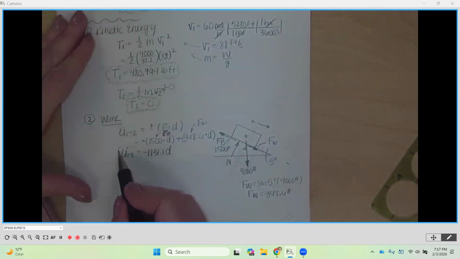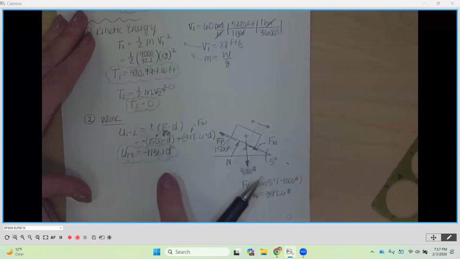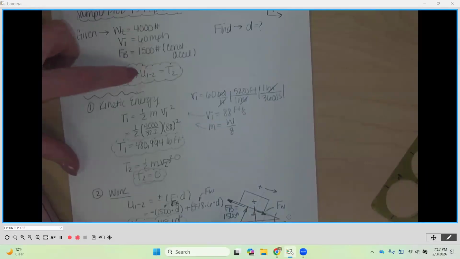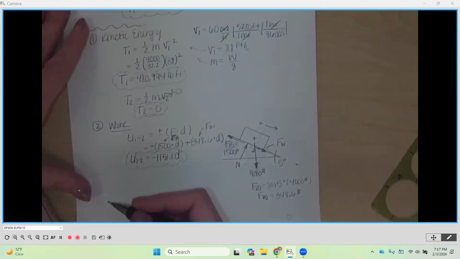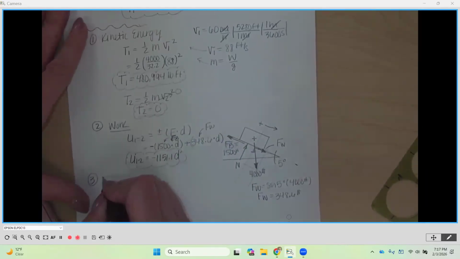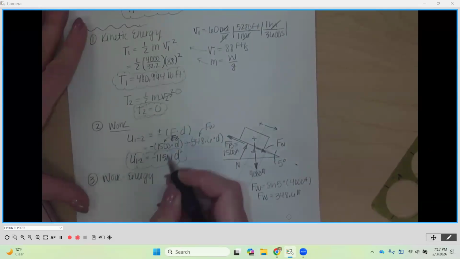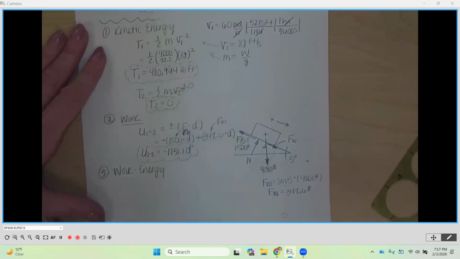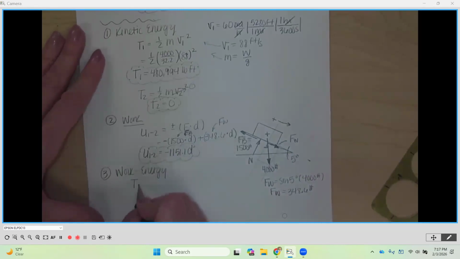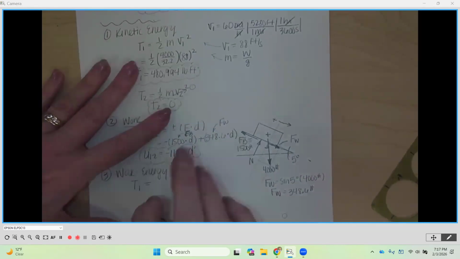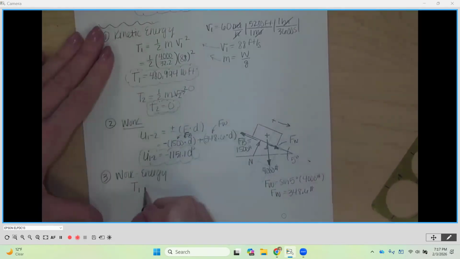Okay. So now this is as far as we can go, and we'll plug that into the middle of that. So going back to that work energy theorem, T1 plus U1-2 is equal to T2.